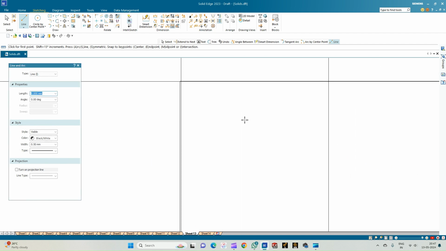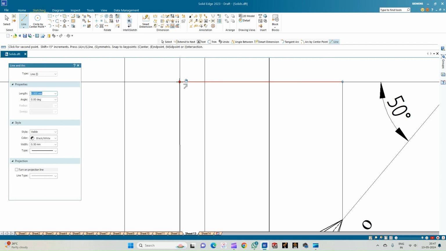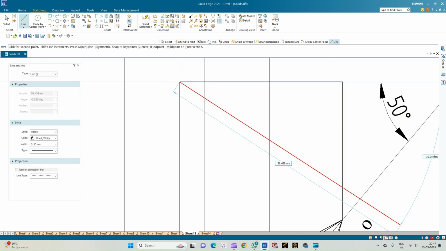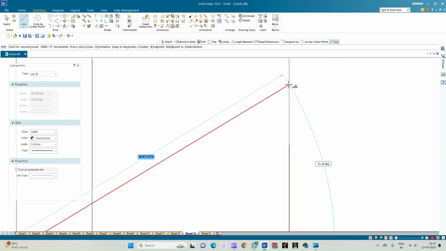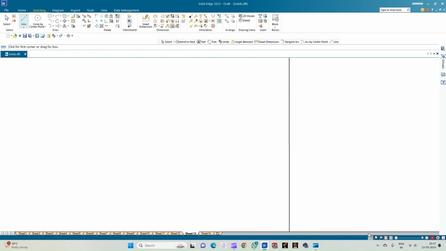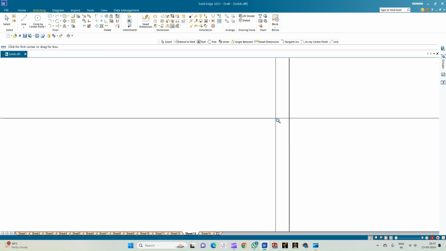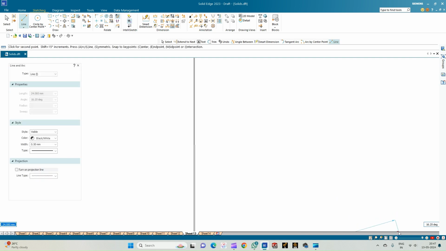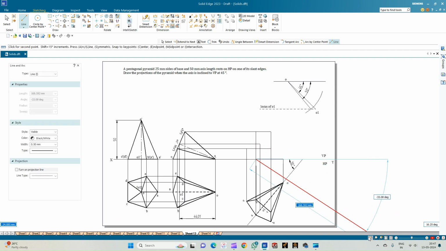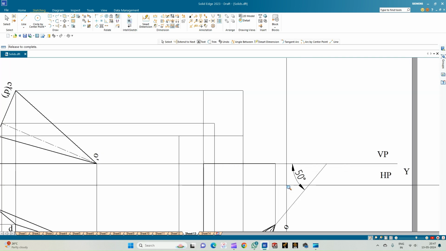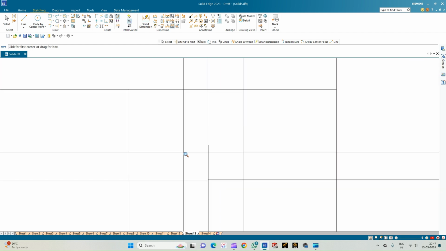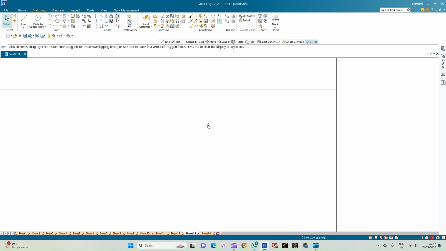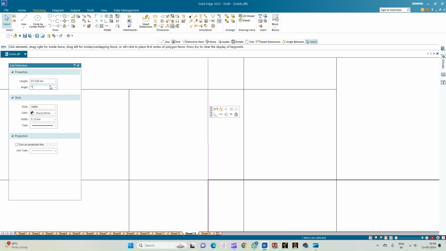And then also we have to connect A to the point B. So B is here. So you can just see that the angle is not exactly 90. So please make it 90 degrees.